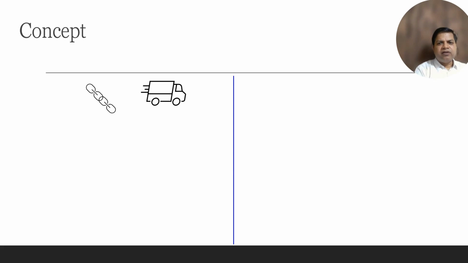However, it's not merely so easy as seeing the two icons. We always have to link the concept behind it. So we have a series of supply, which is called a chain of supply.